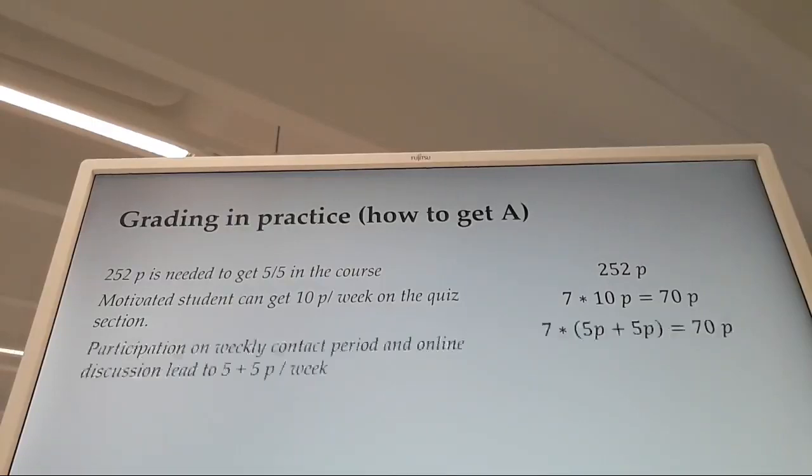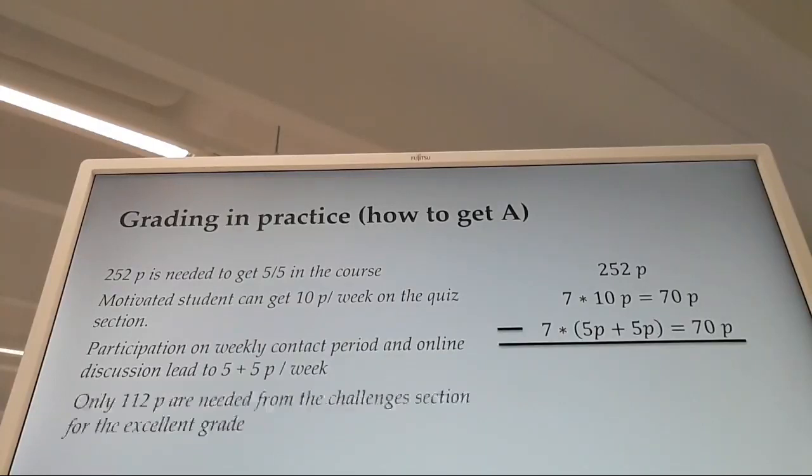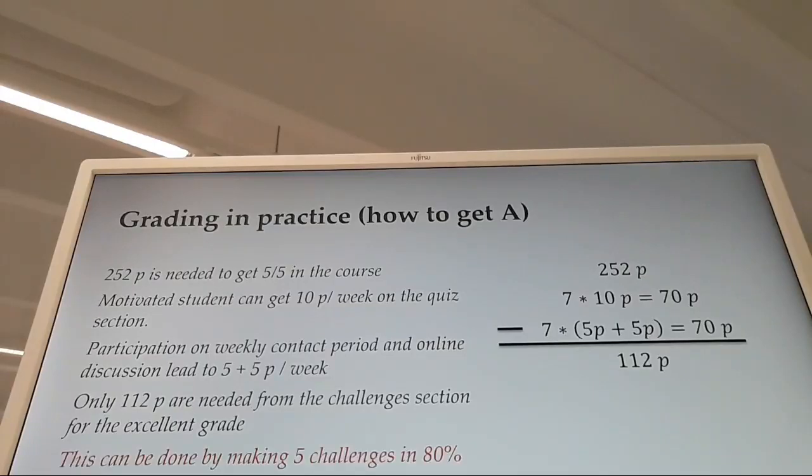And then by participating in the weekly meetings, you still need 112 points to get the excellent grade. And even then, you don't have to make all the 7 challenges. You make 5 challenges with 80% accuracy. That's enough to get the highest grade. Of course, you can make all the 7 with 100% accuracy, but unfortunately we don't have a scale so I can't give you 6 out of 5.